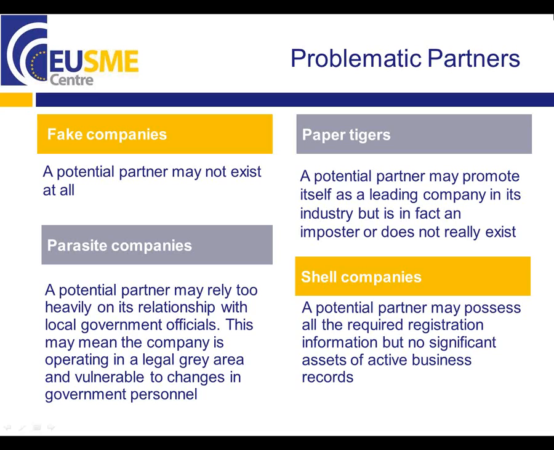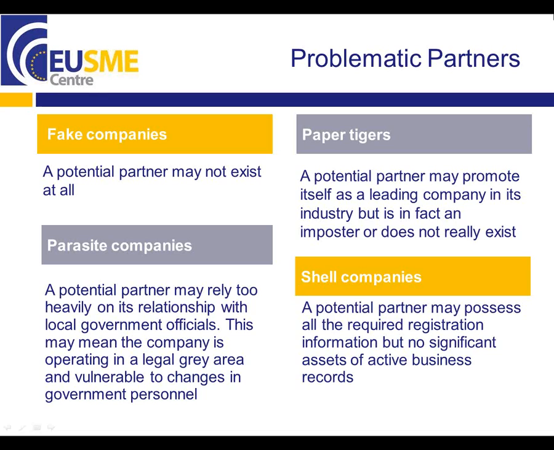The second type of problematic partners are paper tigers. Those companies legally exist. Usually they have a business license, but they promote themselves as leading companies, which is not very often true. It means they are simply imposters.